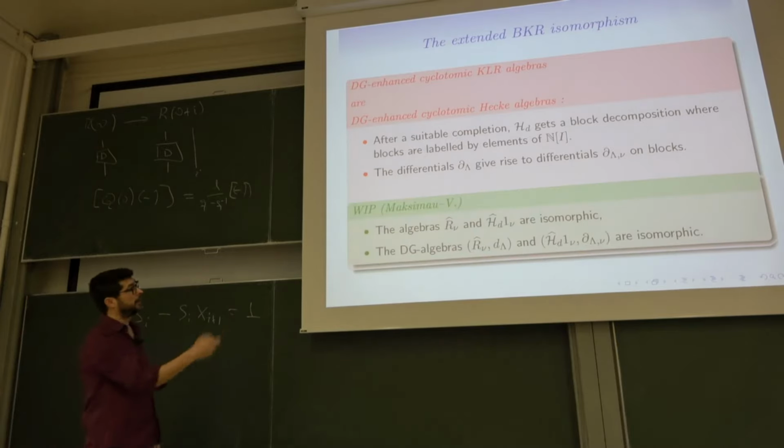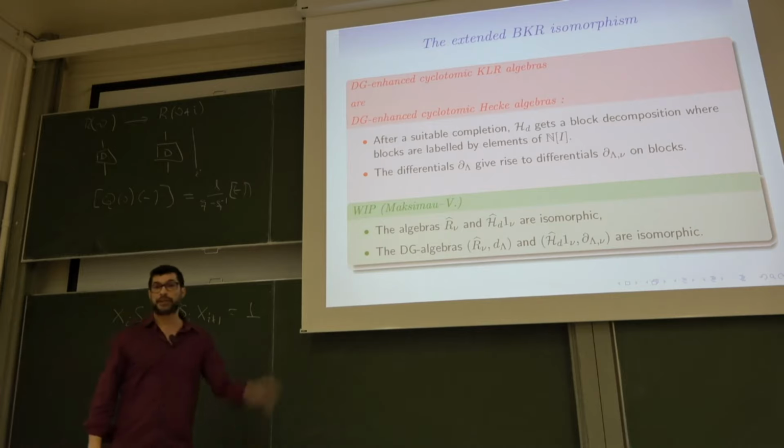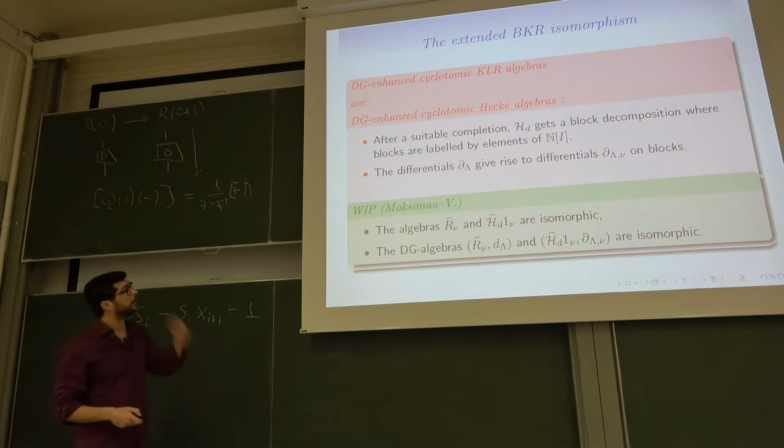So, this is work in progress, it's not finished yet. We had this idea some time ago, but lots of things got put in between. The completion of KLR and the completion of this Hecke algebra with the block corresponding to the same weight are isomorphic, as in the Brundan-Kleshchev-Hu isomorphism.